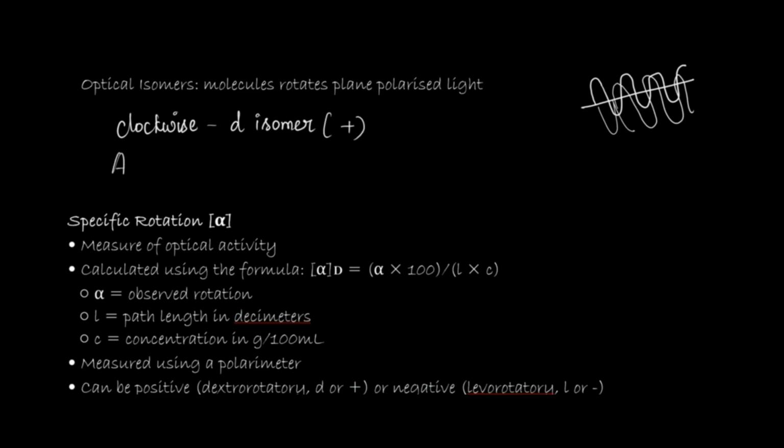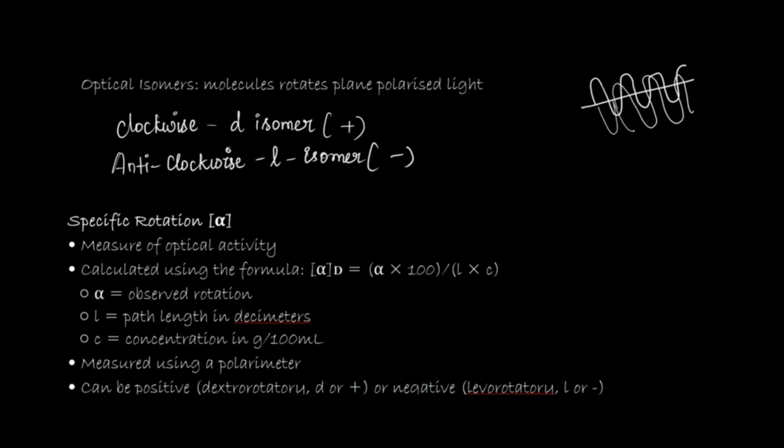If it rotates anti-clockwise, that is the L-isomer, denoted by a minus symbol. So which can rotate plane polarized light clockwise is the d-isomer, and which can rotate it anti-clockwise is the L-isomer. This much is clear?